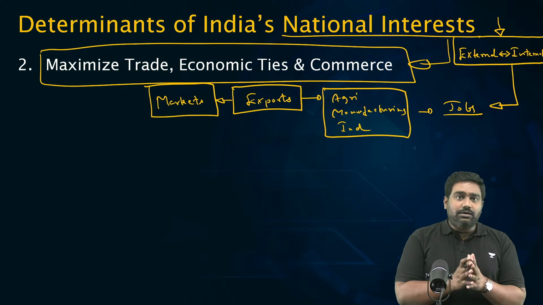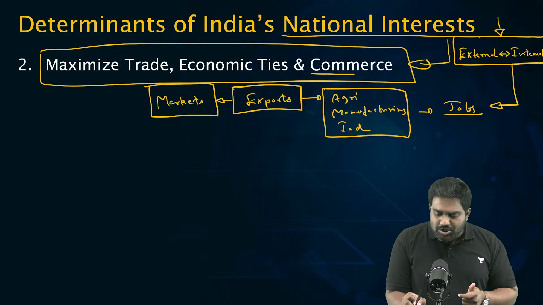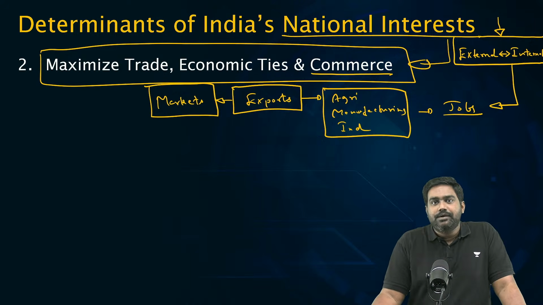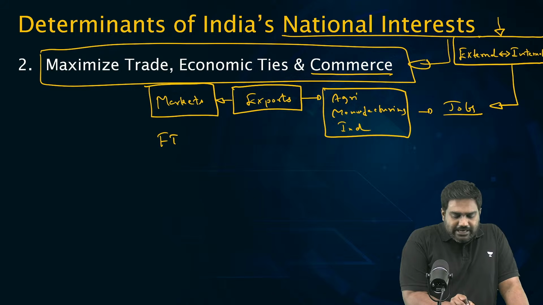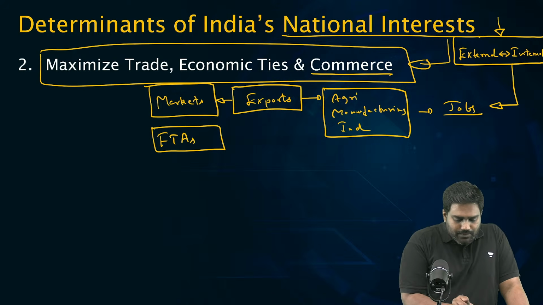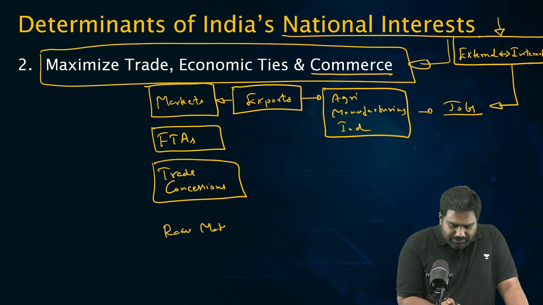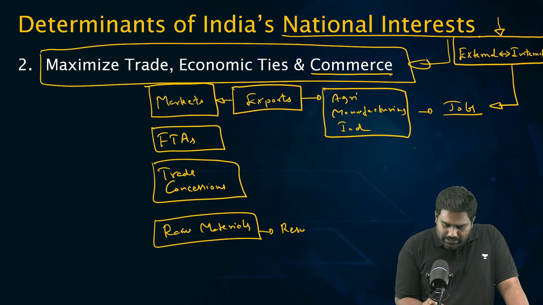So, protecting the trade interests, the economic relations, promoting them, creating opportunities for commerce is a core objective of foreign policy. It's one of the determinants of national interest. So, signing free trade agreements, working out trade concessions, finding new raw materials which are necessary for the country's growth, finding those resources and procuring essential resources.